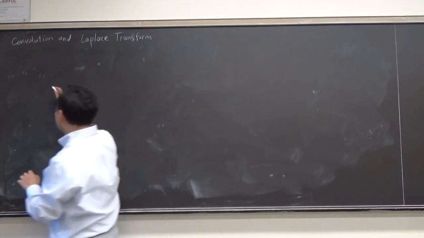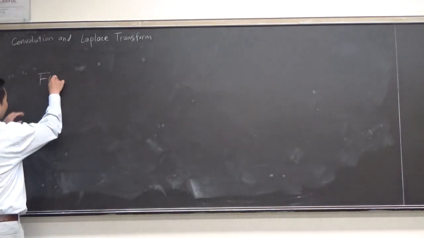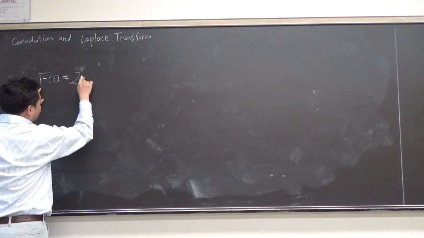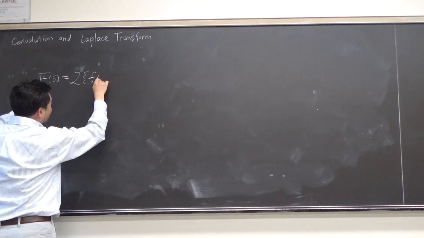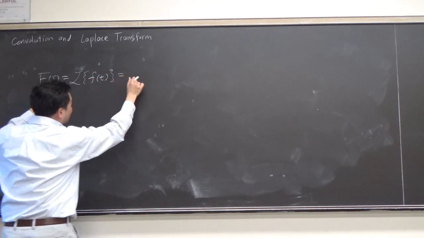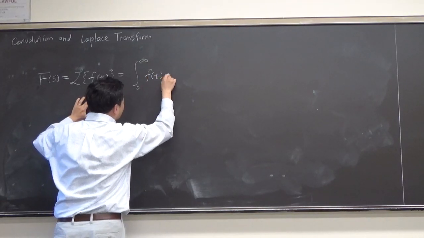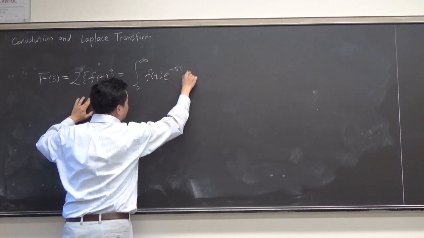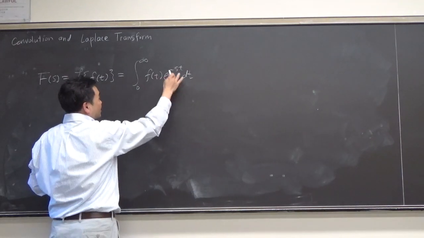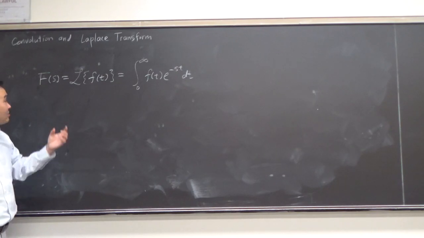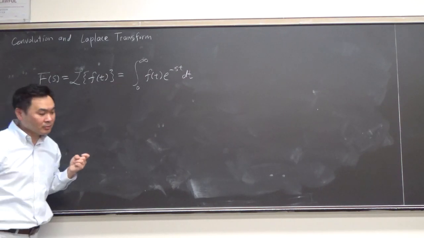Our definition is that F of s, which we call the Laplace transform of f of t, is the integral from 0 to infinity of f of t times e to the negative st dt. Because t is integrated away, this integral result depends on the variable s. So you end up with a function of s, right?